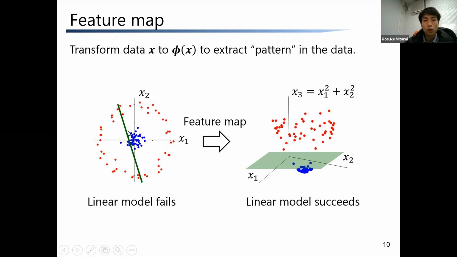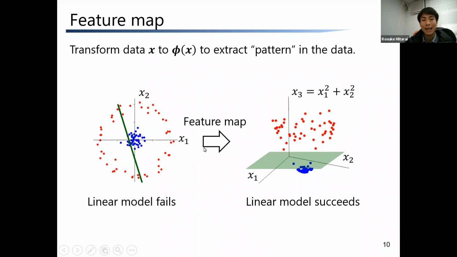We want to classify these blue dots and red dots by some linear model, but in this case, no line can correctly separate the blue dots and the red dots. So in this case, the linear model fails.